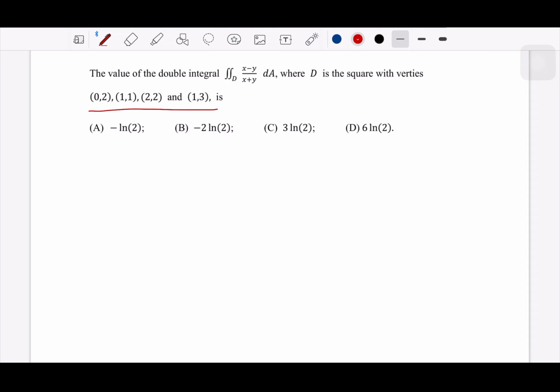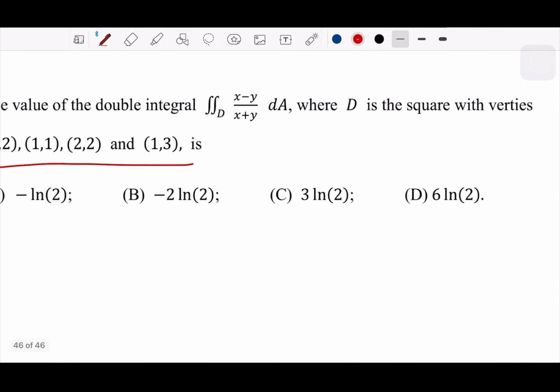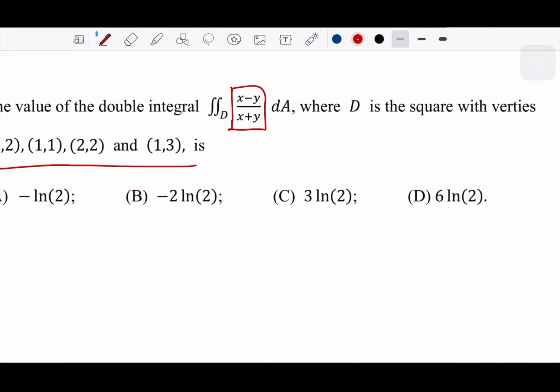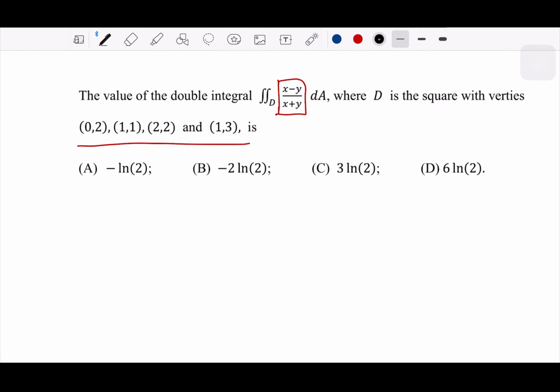Since this is a square, and we can observe through the fraction here, we can set our transformations for u as x minus y and v as x plus y. Or if you want to make this x plus y and that x minus y, that's okay, as long as you make the calculation in a consistent way.